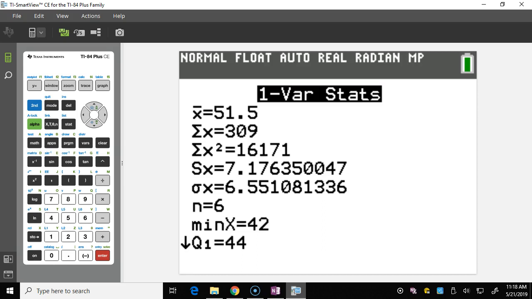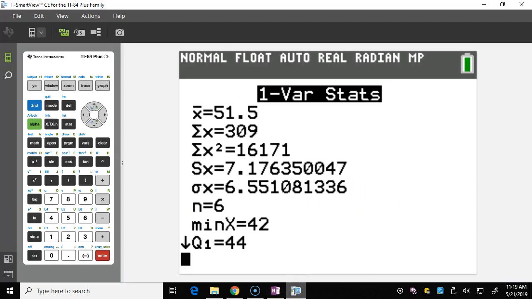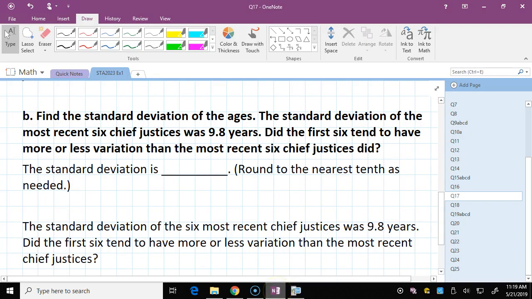It's Sx. And according to the little directions, it says round to the nearest 10th. So what do we get? 7.2. So there's your standard deviation.